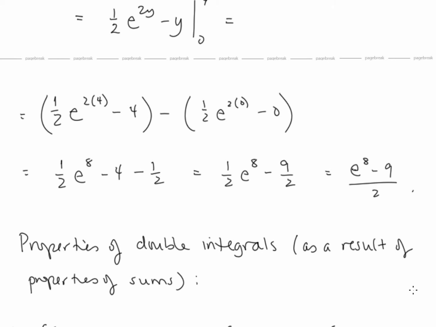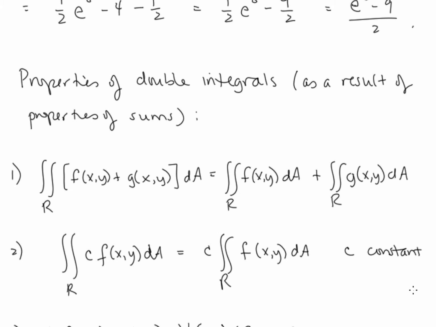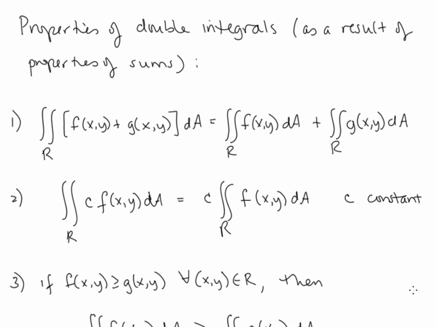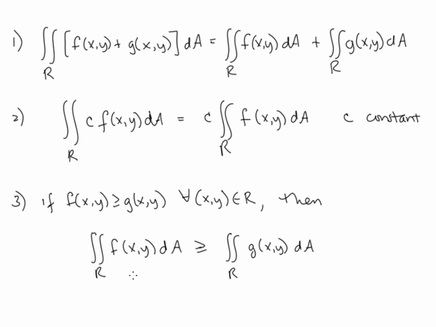Just one more thing I want to mention about double integrals are some properties of double integrals. And these are very similar to what we saw in Calc 1. And these properties result from the properties of sums. If we have the double integral over R of f plus g, that's the same as the double integral over R of f plus the double integral over R of g.